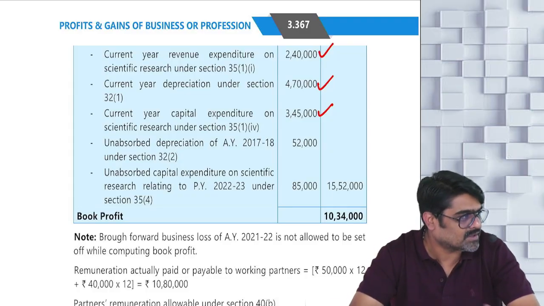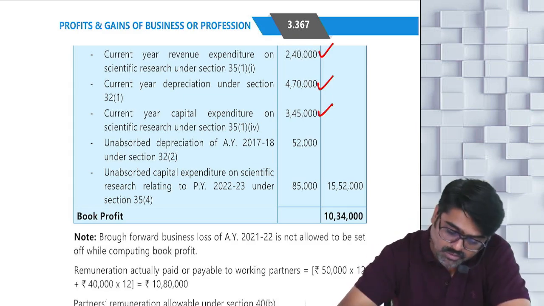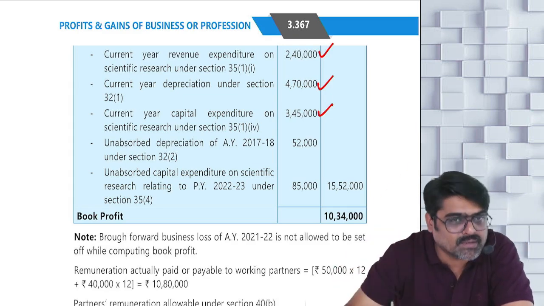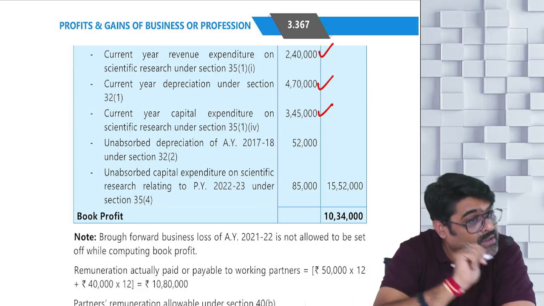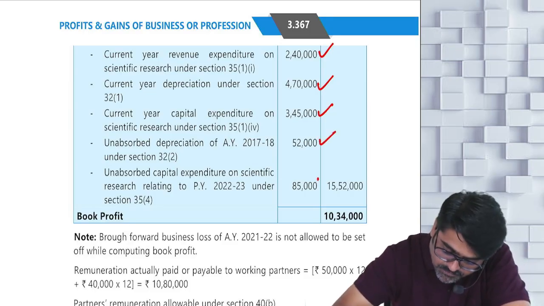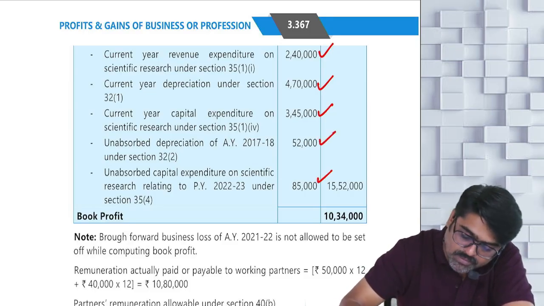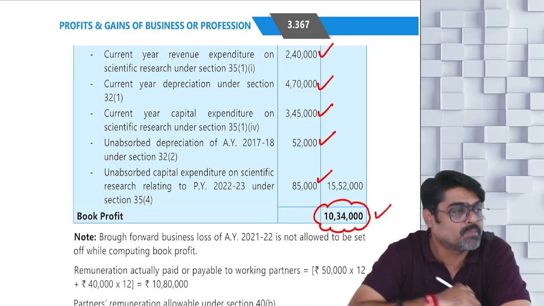So first adjust all the current year items, then adjust the brought forward unabsorbed depreciation and brought forward capital expenditure. Yes or no? So how much will be the total now? This will be your book profit.